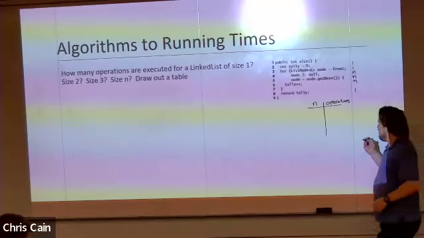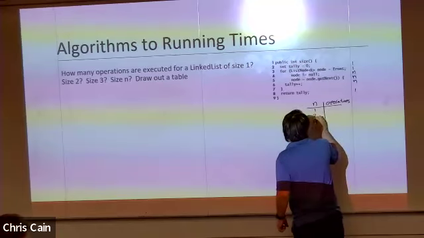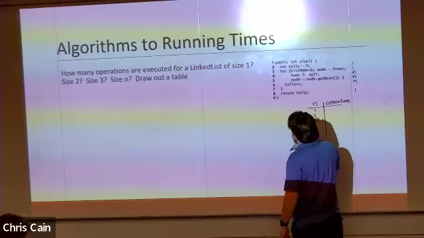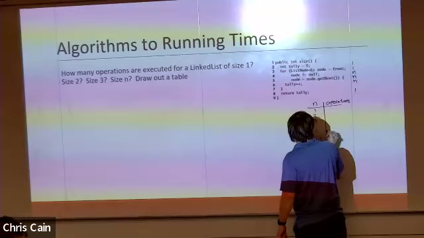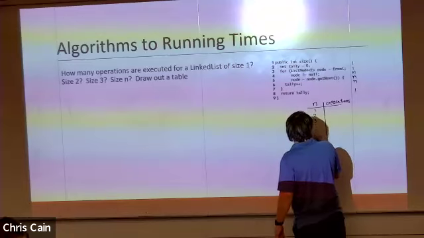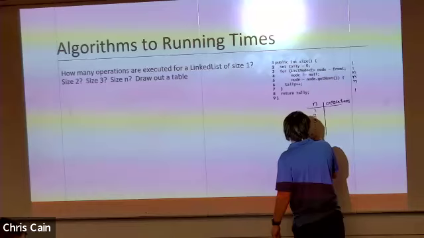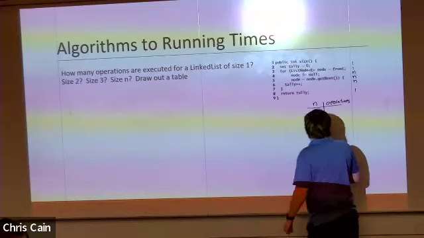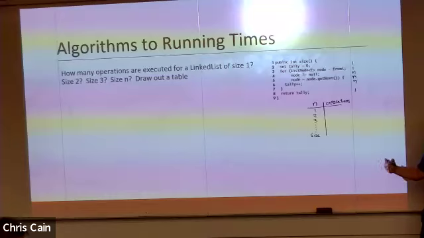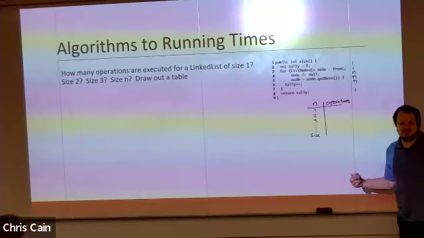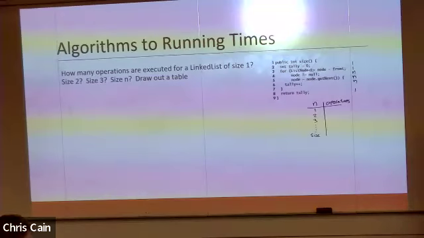So now we're going to say, okay, n is 1, n is 2, n is 3, down to n is some arbitrary size. And we're going to try to abstract what we see to be able to make an expression based on this variable, our size.